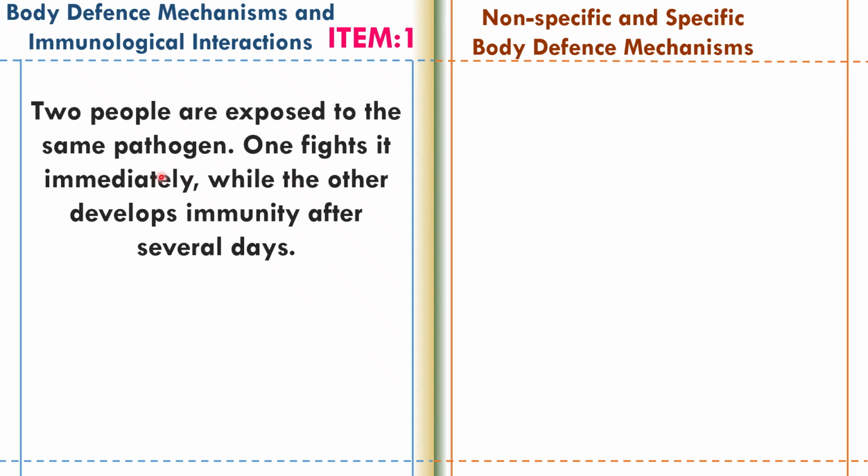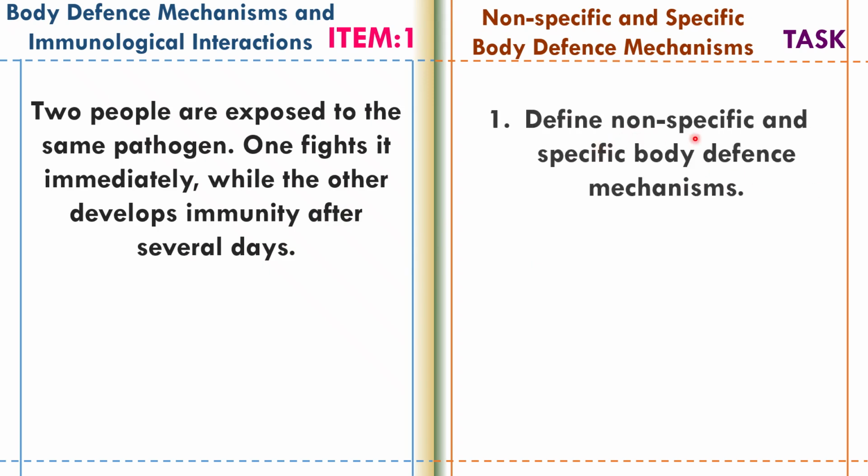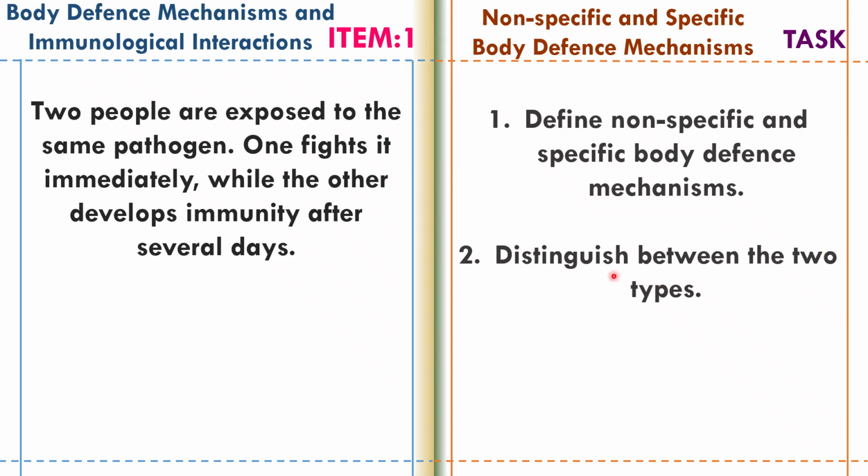One fights it immediately, while the other develops immunity after several days. Task: define non-specific and specific body defense mechanisms. Distinguish between the two types. Give 2 examples of each.